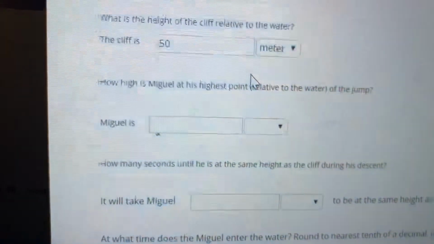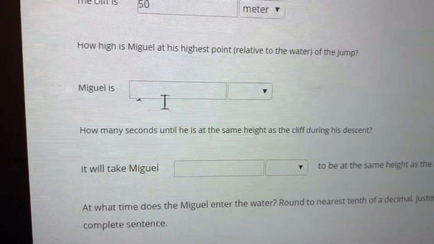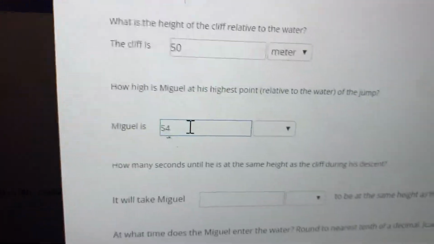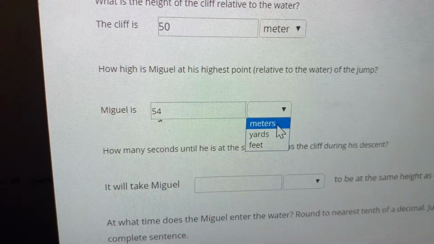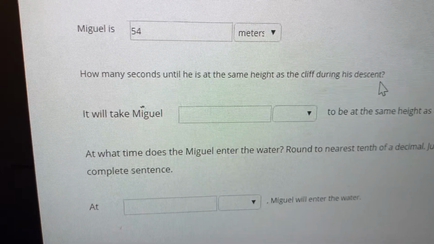And since I'm talking about how high the point is, that means that my answer is going to be in meters as well. So let's put down 54 meters.